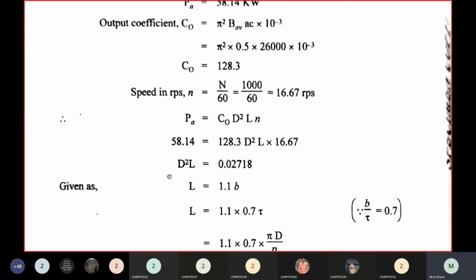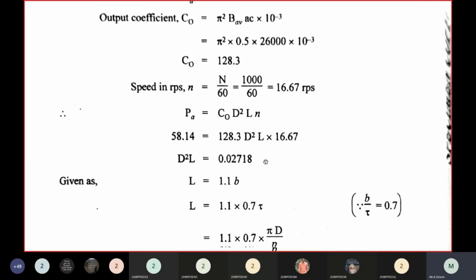Once you solve, you get D square L as 0.02718. We have already discussed these things in selection of poles as well as your basic problems. Only it doesn't give time to solve. But after this step, you have time to solve. So D square L, the calculation of L and D, is familiar to us.